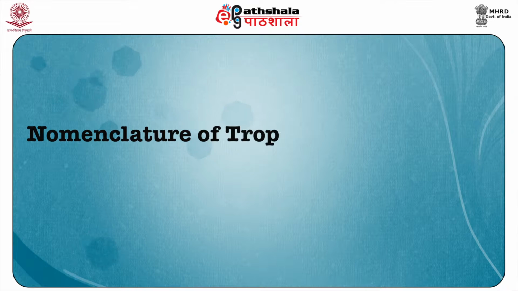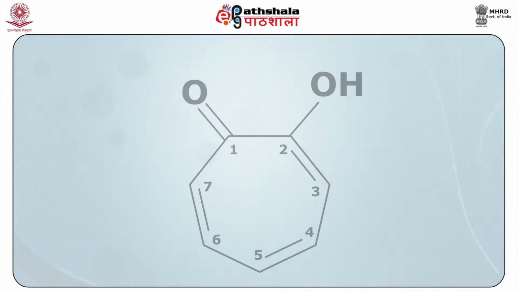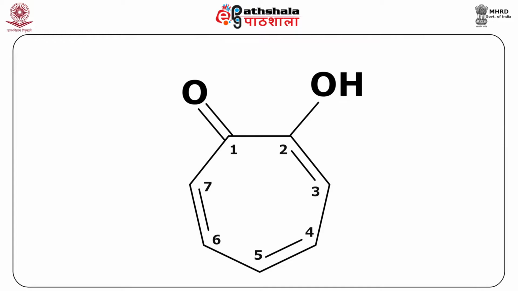The nomenclature of tropone and tropolone. Let us see how they are named. The trivial name tropolone has now been sanctioned by such wide usage that it may be considered generally accepted. Its IUPAC name is 2-hydroxy-2,4,6-cycloheptatriene-1-one. As the name indicates, the carbonyl oxygen is always taken to occupy position 1 because it has a higher priority than the hydroxyl group.